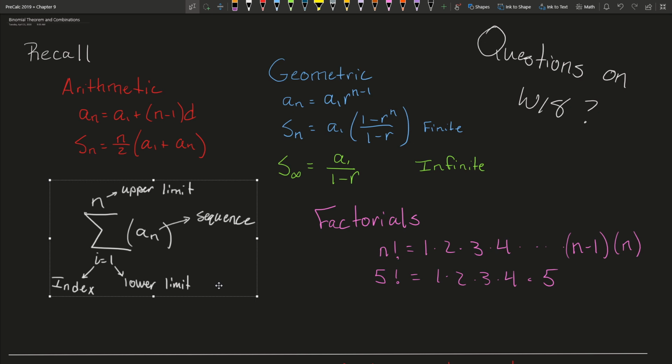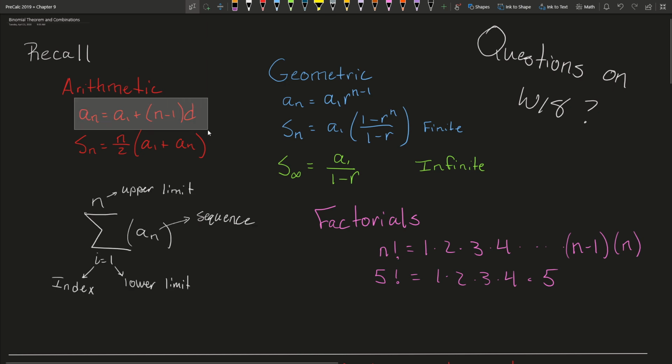Okay. And there are two equations for it. There's finding the nth term. You find the nth term by adding the first term plus n minus 1 times our common difference. If you remember, in an arithmetic sequence, you're just adding some term over and over again, and that term is the common difference.